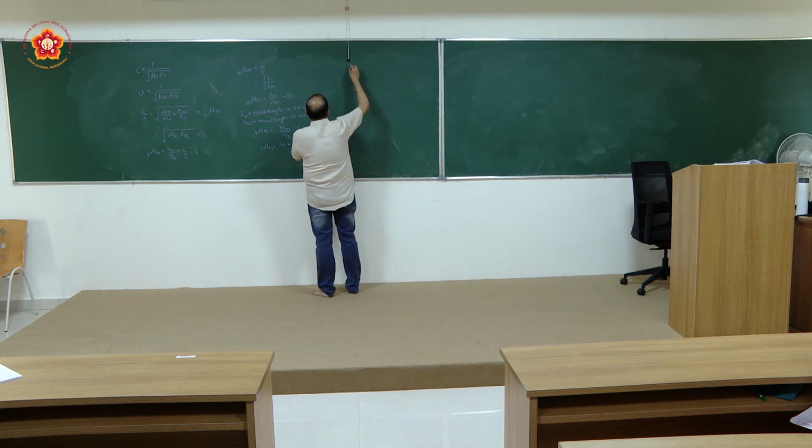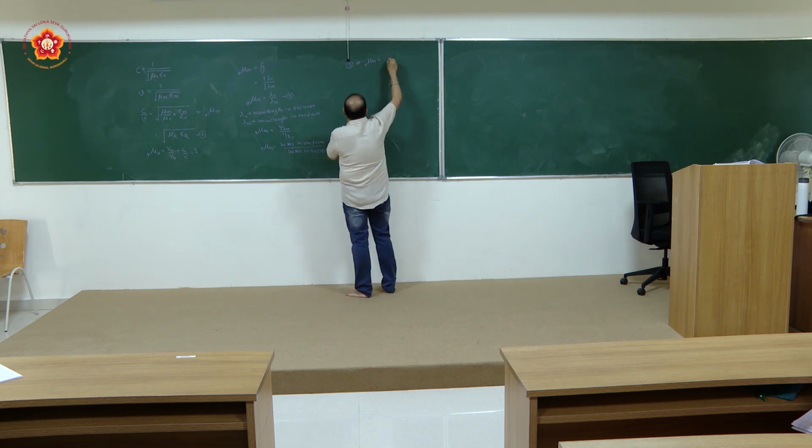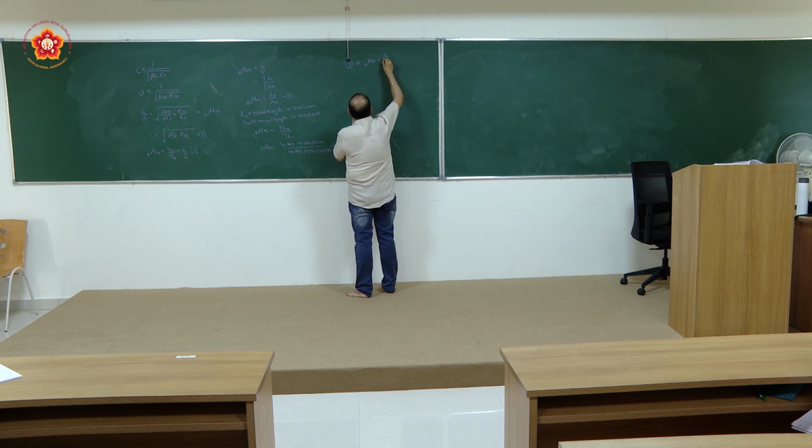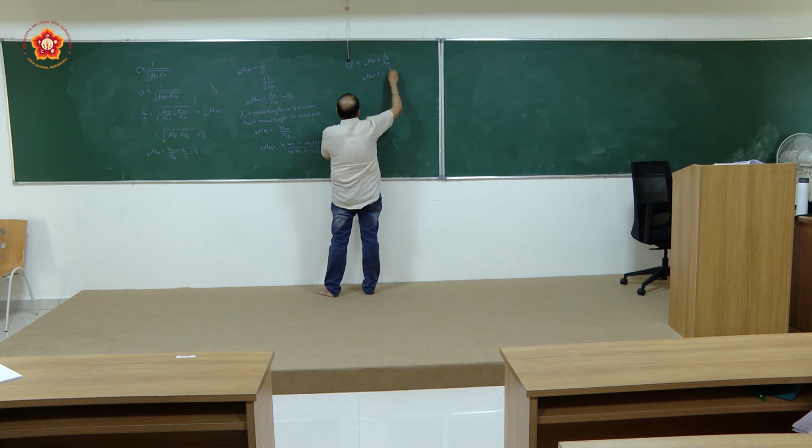I can also write down equation 3 in this manner. I'm rewriting it once again. Refractive index of medium with respect to vacuum is equal to lambda in a vacuum upon lambda in a medium. Can I write down this as refractive index of a medium with respect to vacuum minus 1 is equal to lambda 0 minus lambda m upon lambda m?